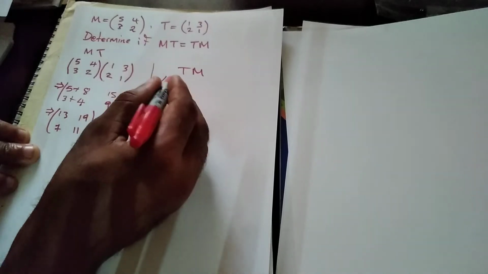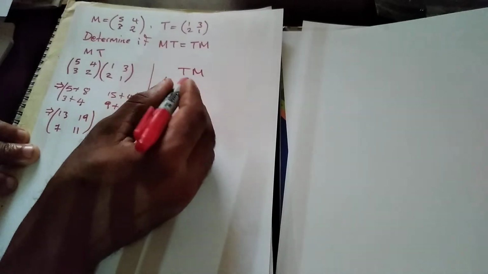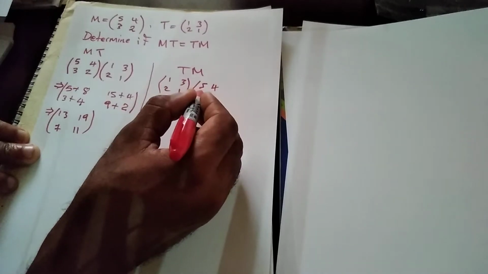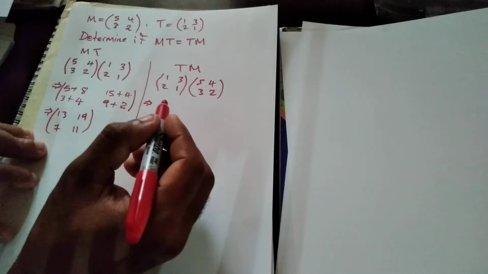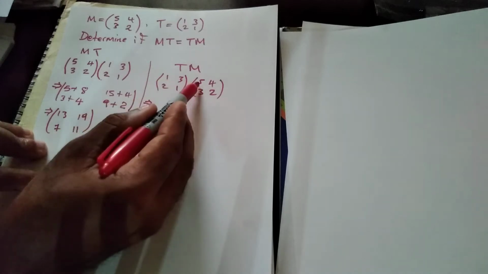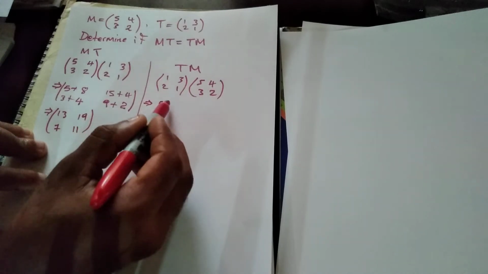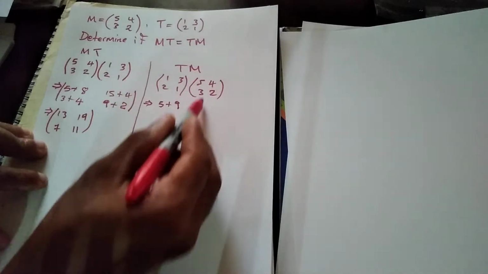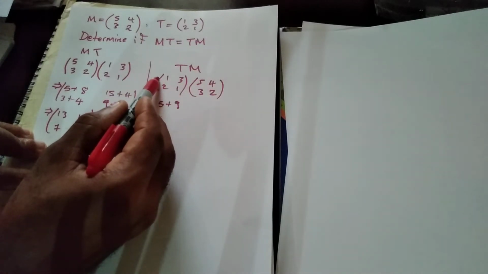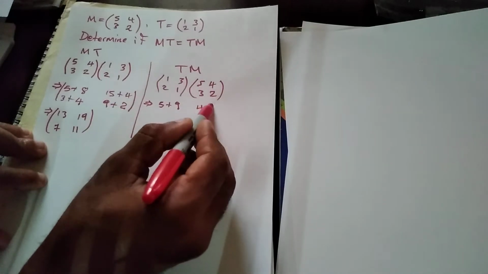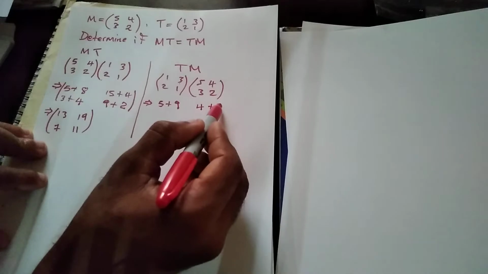T comes first. So T is 1, 3, 2, 1, and M is 5, 4, 3, 2. We're going to multiply first row, first column. So it's 1 times 5, which is 5, plus 3 times 3, which is 9. That is the first row, first column. Moving on to first row, second column: 1 times 4, which is 4, plus 3 times 2, which is 6.